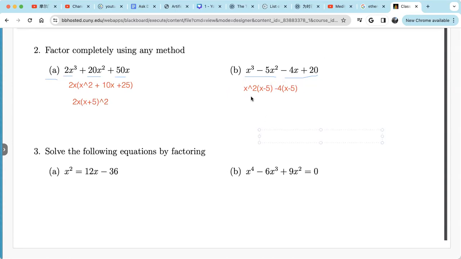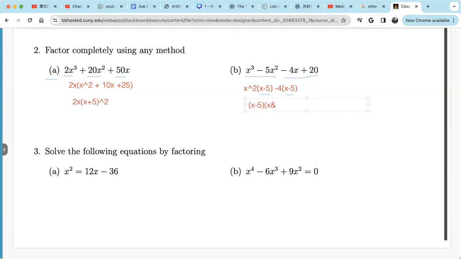So 2 groups. The first group factored as x squared multiplied by x minus 5. The second group factored as negative 4 times x minus 5. Now each group has a factor of x minus 5, so we factor out x minus 5.